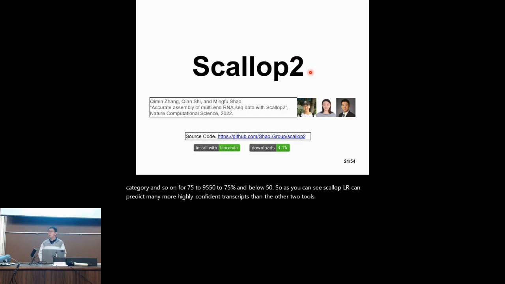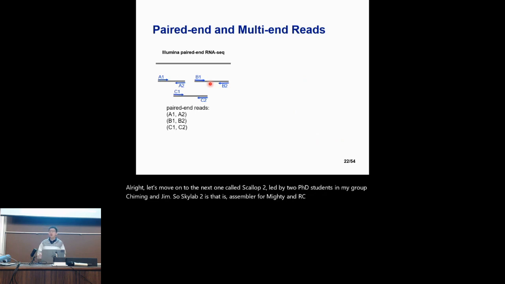All right, let's move on to the next one called Scallop2, led by two PhD students in my group, Qimin and Qian. Scallop2 is an assembler for multi-end RNA-seq data. So what is multi-end RNA-seq data? Probably you've heard of paired-end RNA-seq data.